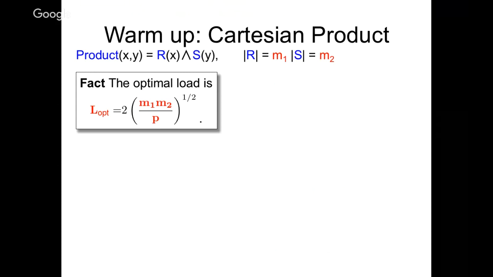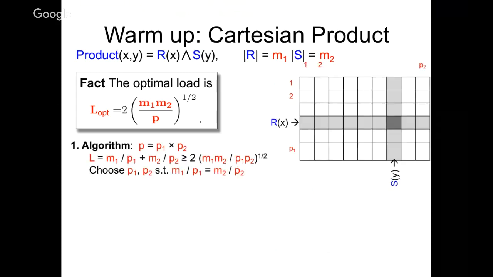To see this, the natural thing to do is to think about the algorithm. How can we compute the cross product in one round on P servers? Well, you organize these P servers in a matrix. It's a hypercube algorithm. We don't know how big the dimensions should be, P1 and P2.